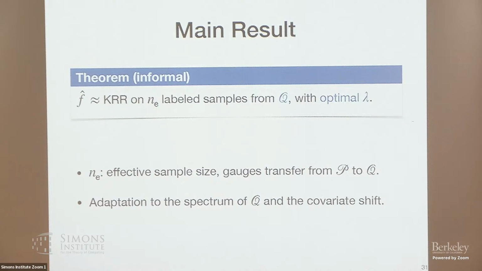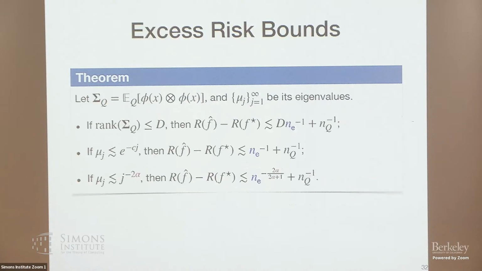It measures how much information can be transferred from a source to target. We'll talk about that. And this whole result highlights the adaptivity, because we can adapt to the structure of the target distribution, and we can also implicitly select the optimal penalty through the pseudo labels.